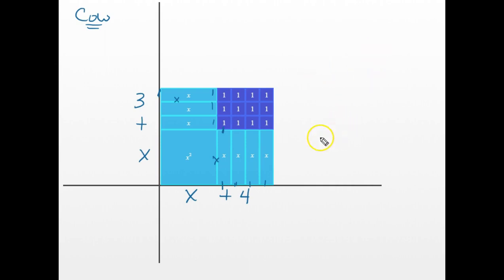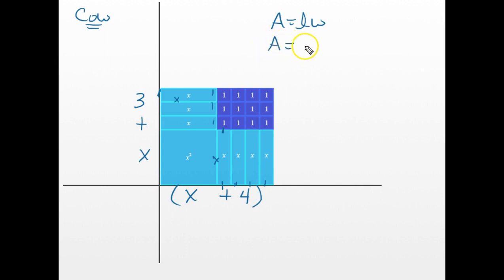So if I want to find the combined area for this entire figure, I know that in order to find the area, I've got to multiply my length times my width. And my length here is going to be x plus 4.